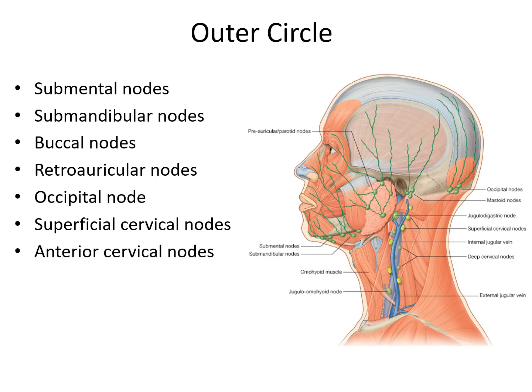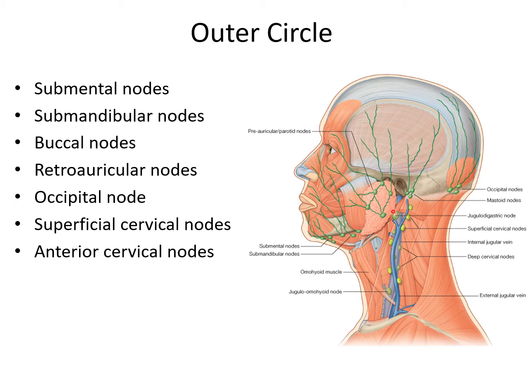Now most of the lymph nodes reach the deep cervical lymph nodes, which we have already studied, after being filtered through the outlying lymph nodes, which are arranged in the form of a circle. This circle is like a pericervical collar, which is at the junction of head and neck, and it surrounds the head and neck from the chin to the occiput.